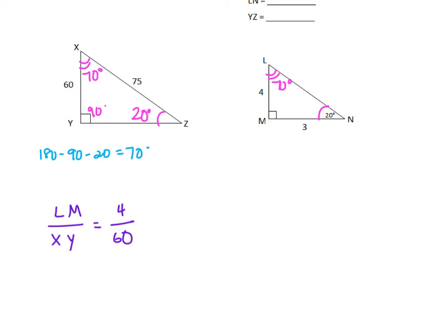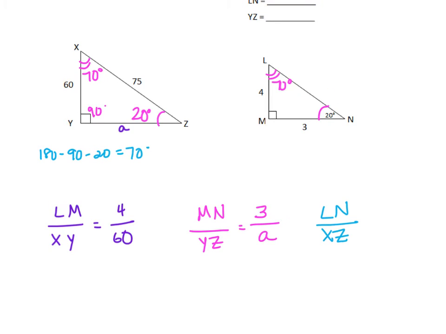We also have MN, so here's MN, is similar to YZ, and MN is 3, and YZ, we don't know what it is, so let's go ahead and label that as an A. And then our last one is LN is similar to XZ, right here.